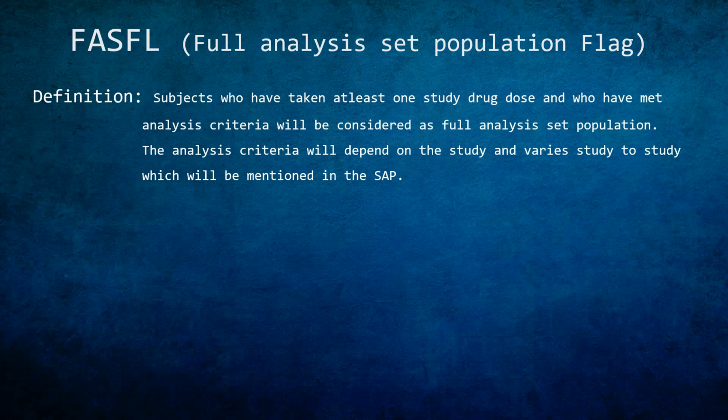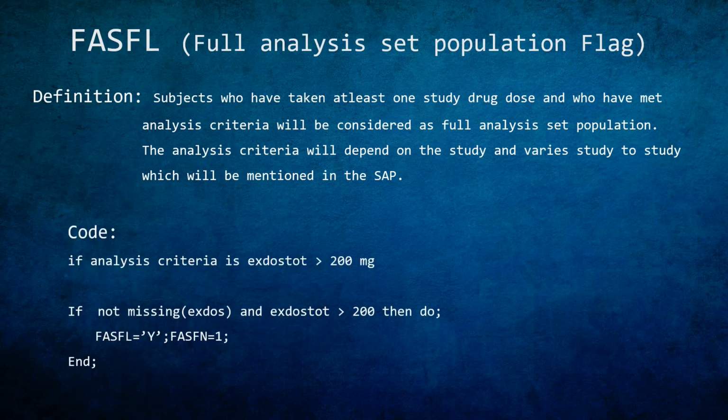The analysis criteria depend on the study and vary from study to study, and will be mentioned in the SAP. For example, if the analysis criteria for the study is EXDOSE total greater than 200 mg, then if EXDOSE is not missing and EXDOSE total greater than 200, the full analysis set population flag equal to Y, else N.